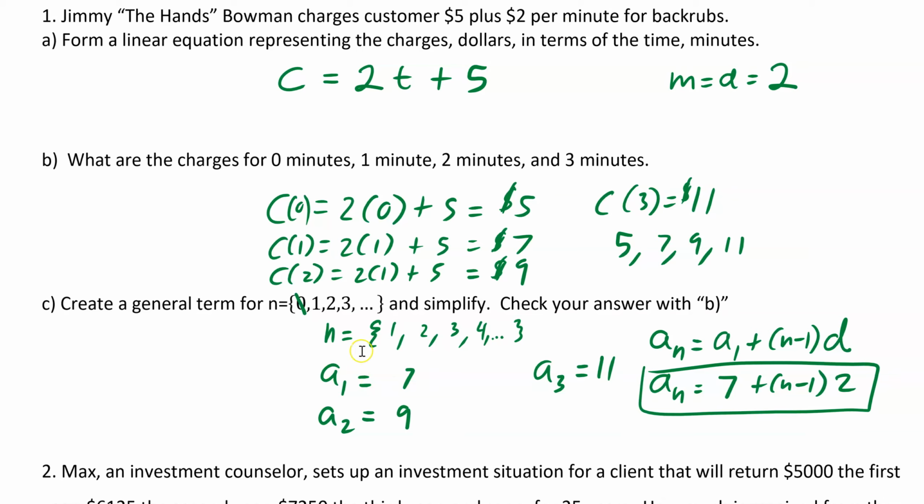And now you're thinking, oh, well, we ignored 0, so how can they be the same equation? So general terms for sequences, they start at 1. With linear equations, we have a y-intercept that starts at 0. This is 0, 5. So if you were to take this equation, just to show you they're exactly the same, and expand it, our a sub n would equal 7 plus 2n minus 2, which would be 2n plus 5.